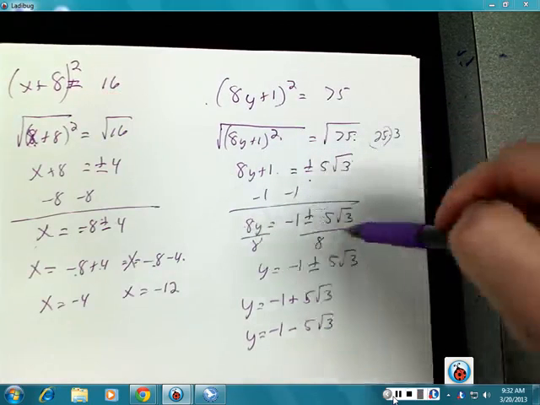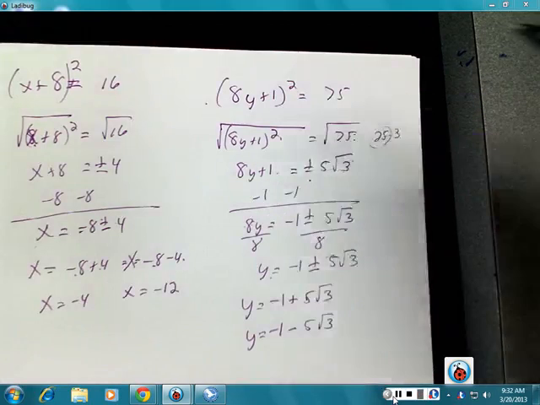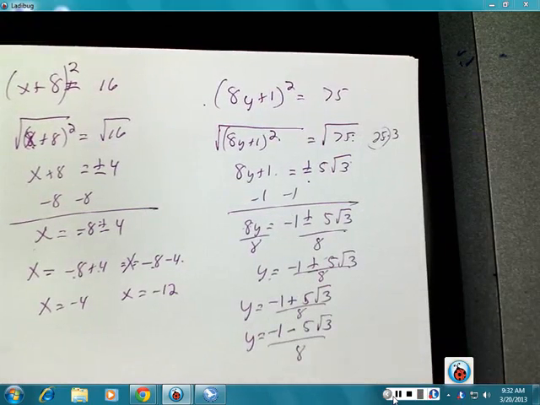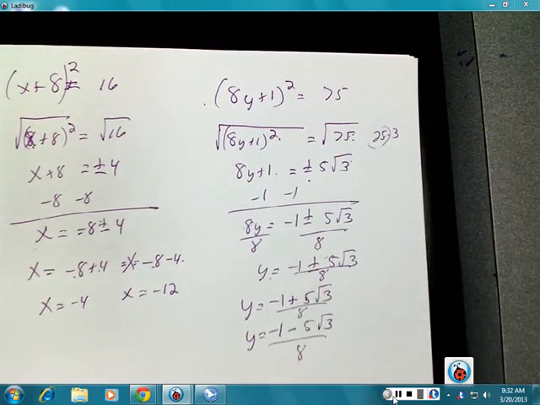Dividing by 8, I find out that, whoops, I left off my 8 under here. Going back and looking at it, I left off an 8. So my 8 needs to be part of that answer because of any cancellations that happen within that one. So you got to put your 8 underneath there, and you end up with this for your answer.